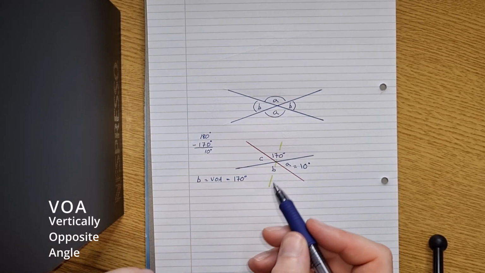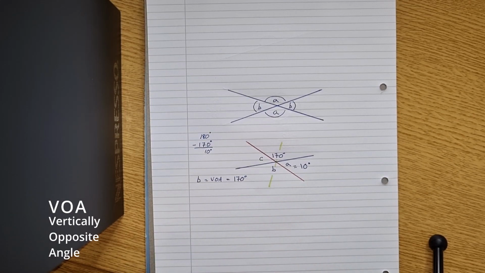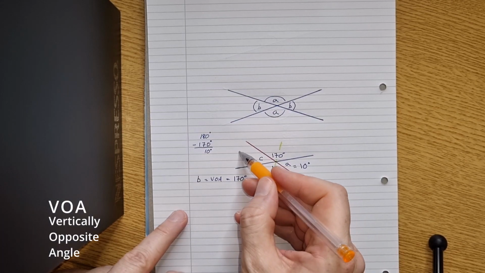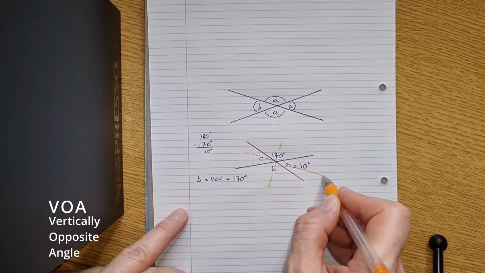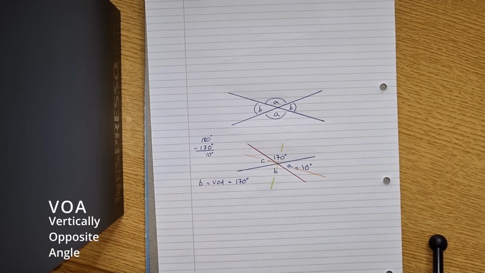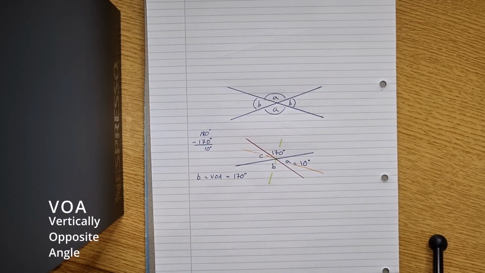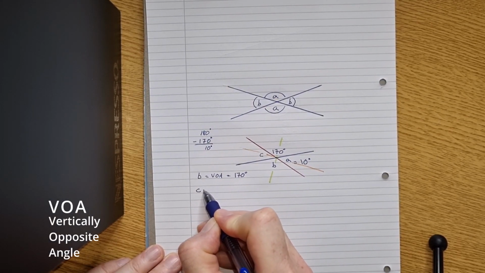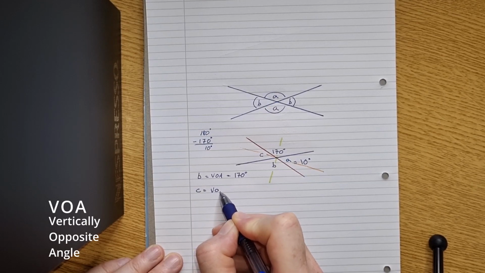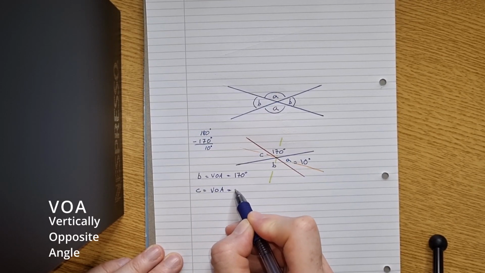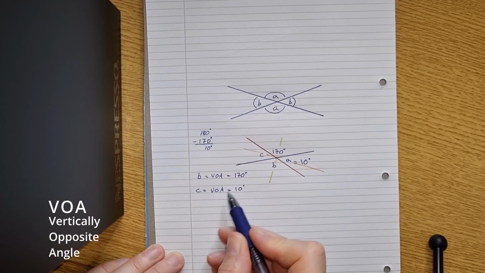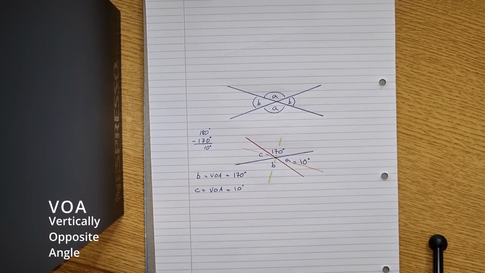And because of this vertically opposite angle thing, these two angles are vertically opposite to each other. So C is vertically opposite to A, and A equals 10 degrees, so C equals 10 degrees as well.